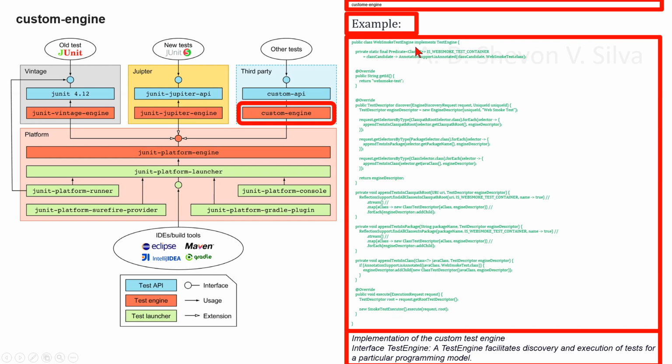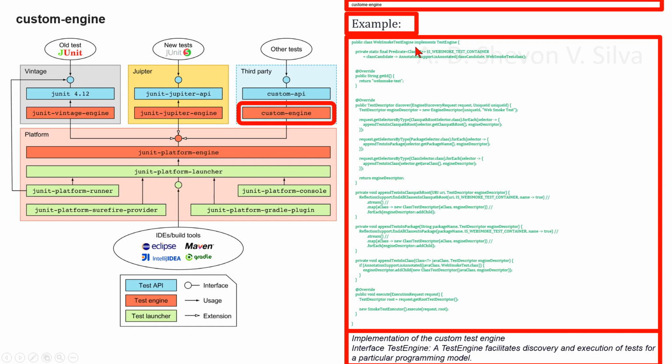In many cases, test engines will support a hierarchical test definition model mirroring Java's hierarchical structure of packages, classes, and methods. The JUnit platform provides special support for such hierarchical engines in the form of the org.junit.platform.engine.support.hierarchical.HierarchicalTestEngine base class.